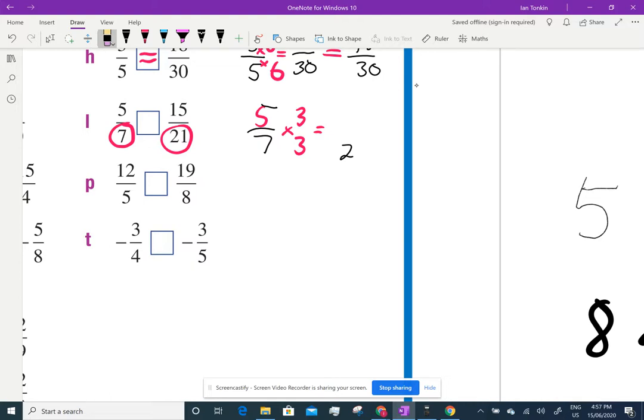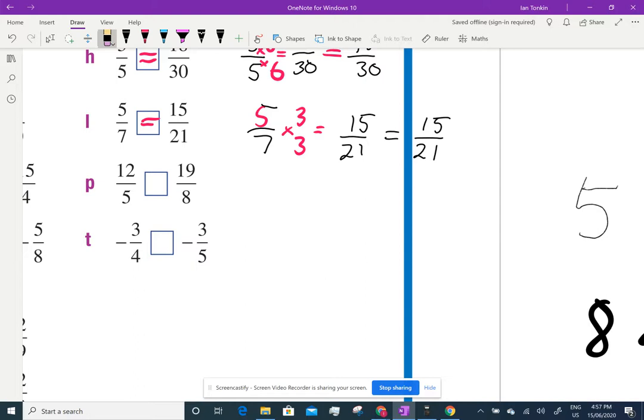And I haven't changed anything because I've multiplied top and bottom by 3, which is the same as multiplying by 1. If you multiply anything by 1, it doesn't change it. And 3 on 3 is 1. And now I can see that 15 on 21 and 5 on 7 are the same. So again, I put a little equal sign in there.